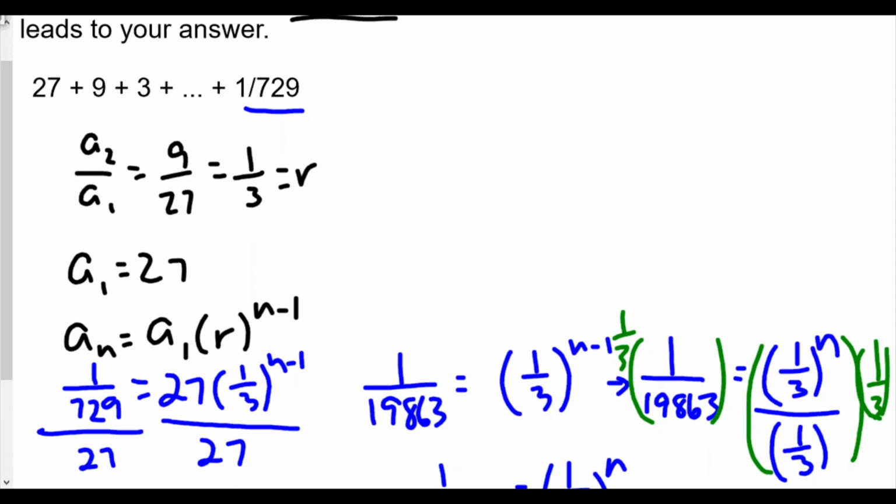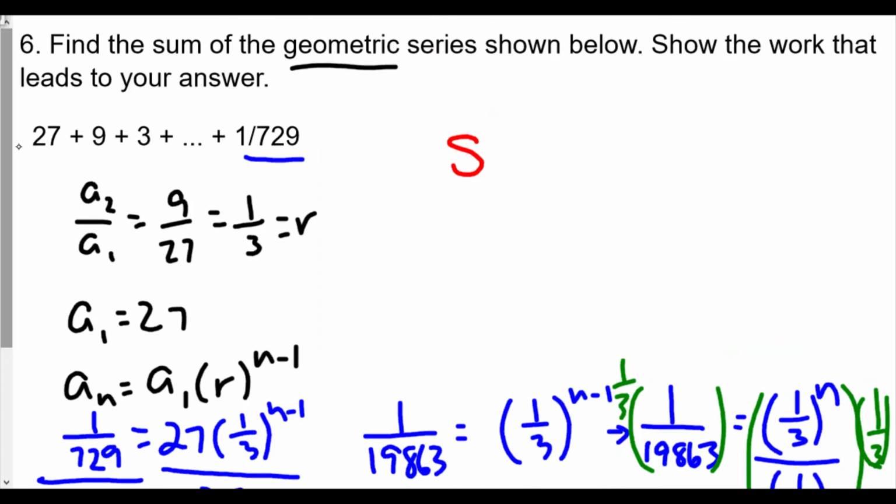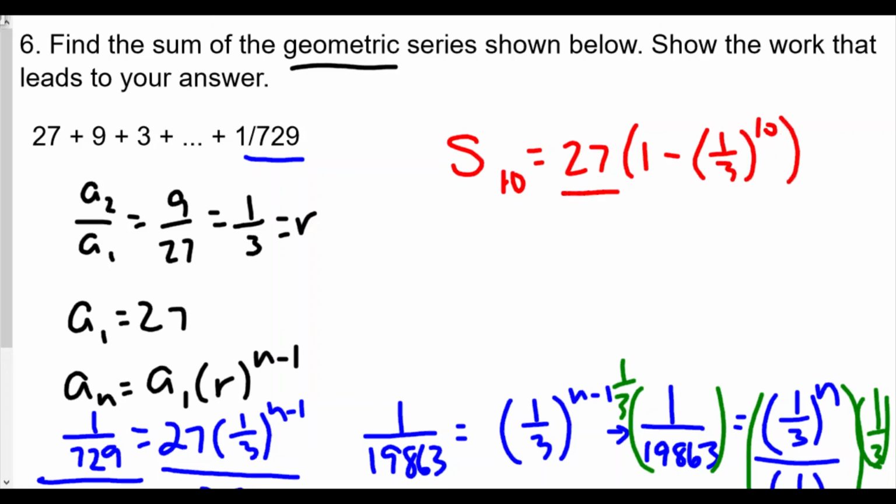So now we want to find our sum, because that was originally what we were looking for, right? So the sum of, in this case, n is 10, is equal to a1, which is 27, times 1 minus (1/3) to the 10th power, all divided by 1 minus 1/3.